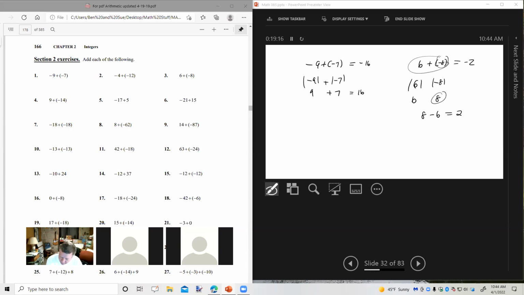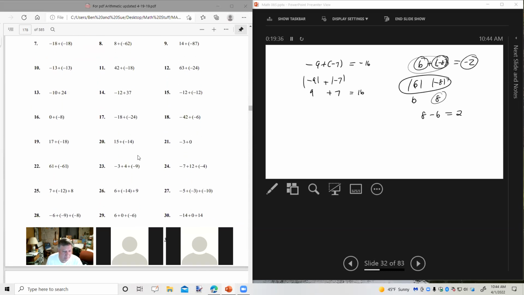But again, you could think of it as I'm $6 to the good, then I'm down $8, so I'm down $2. In other words, you don't have to use this analysis, but for some people that works best. For others, using things like money, checks in the mail, whatever helps. Okay. How about number 18, -42 plus -6.